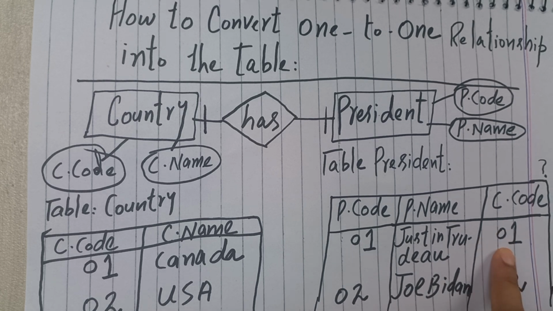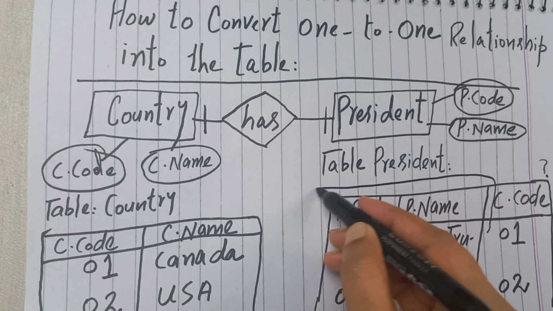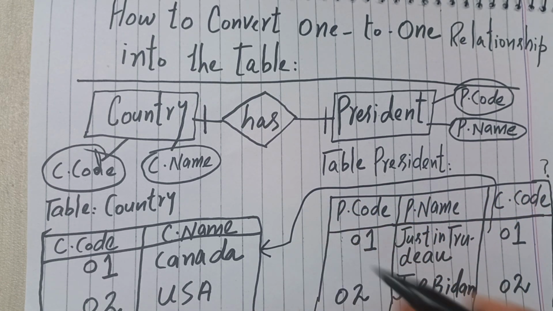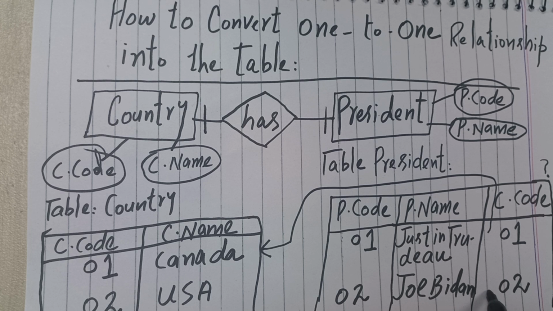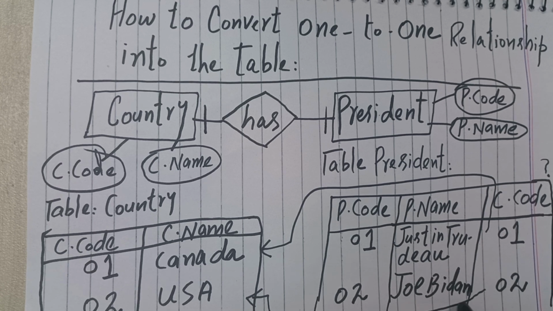Country code 1 means Canada, and the name of the Canadian president is Justin Trudeau, and country code 2 is USA. So the country code 2 represents the country and the president name is Joe Biden.